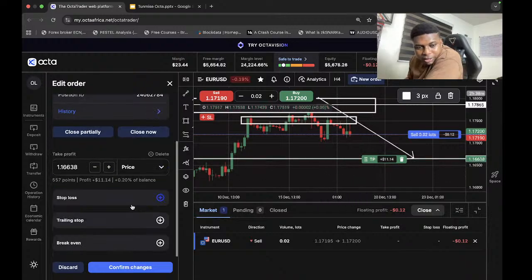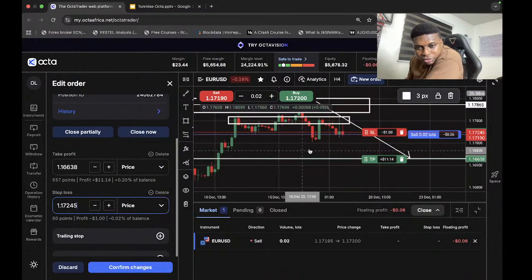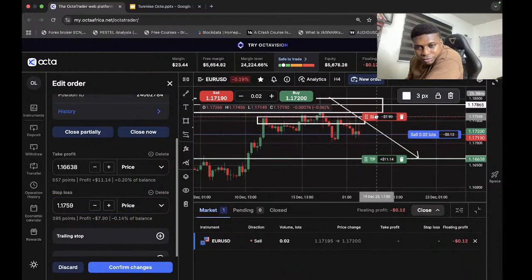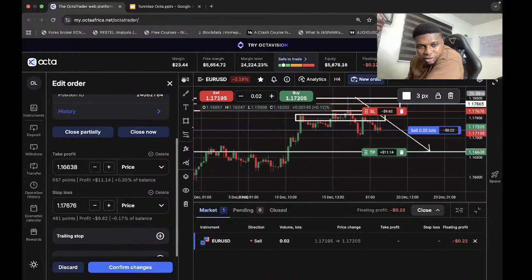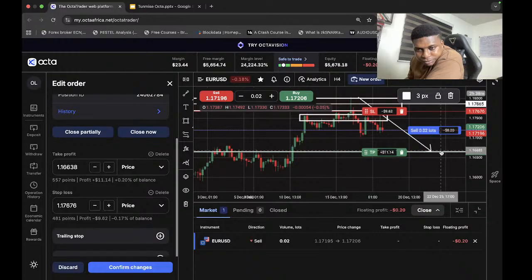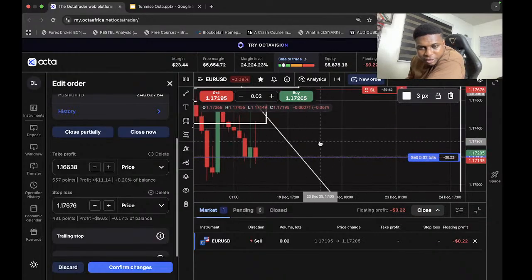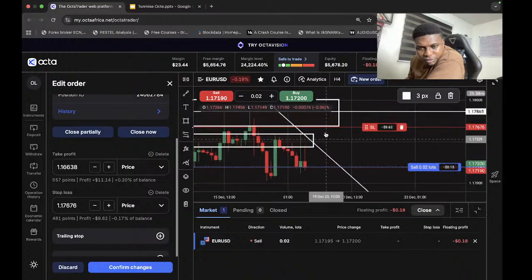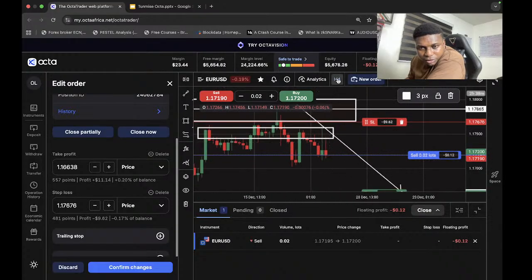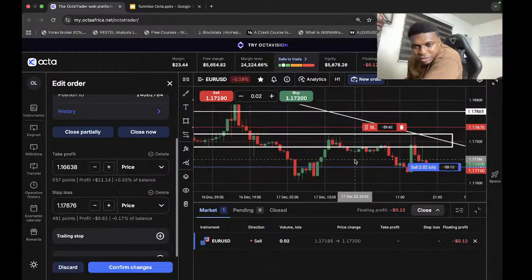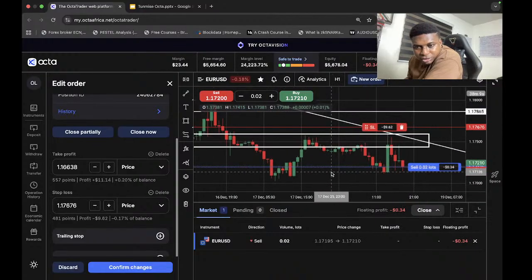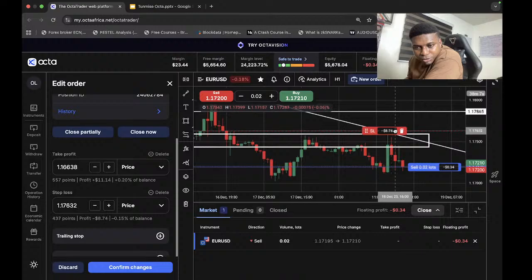Then my stop loss is almost here. Let me just leave this here. Okay, let me go down to the 1 hour time frame to better see a good spot to put my stop loss. So I'm going to put my stop loss here.